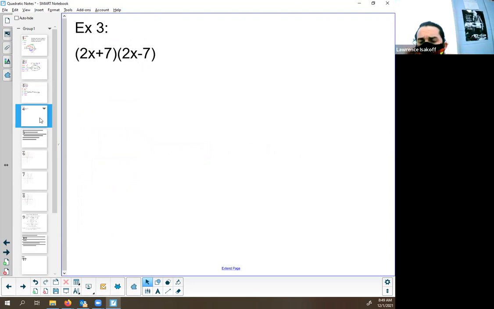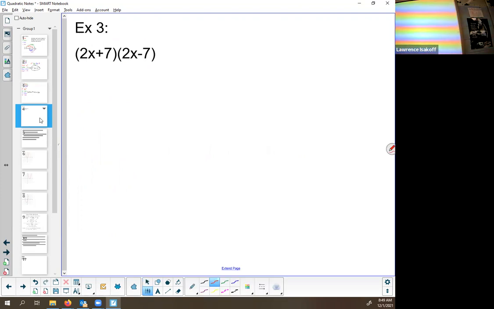This one, it's a unique example just because something happens to our like terms here, and we'll see it in a second. So let's go ahead and give this a try. So what do I get when I multiply my firsts together? 4x squared, perfect.